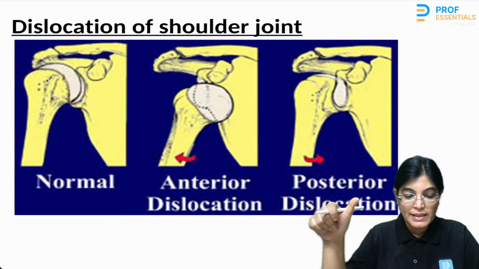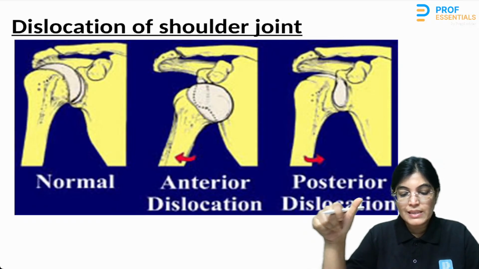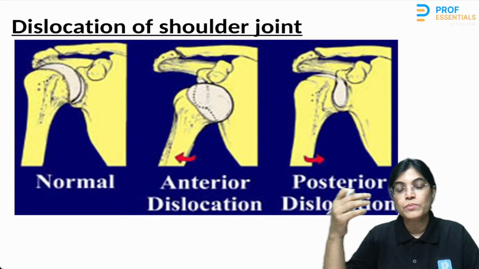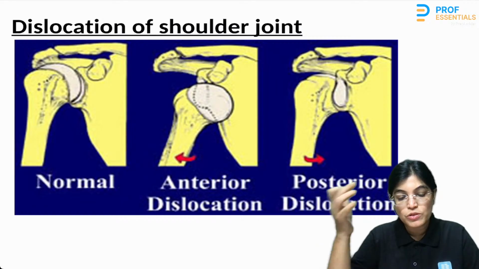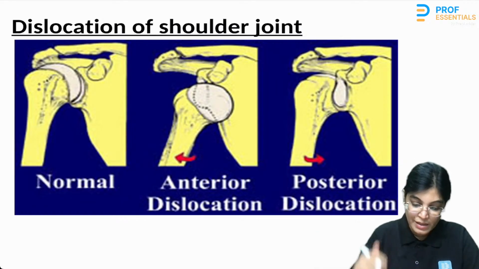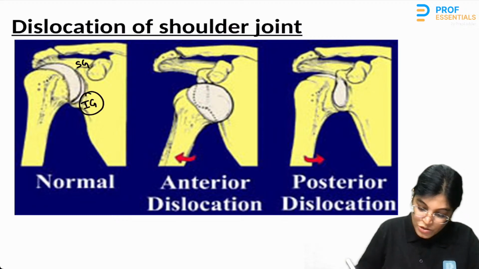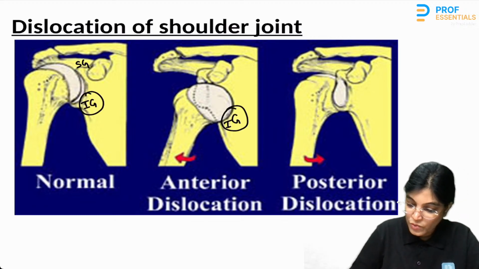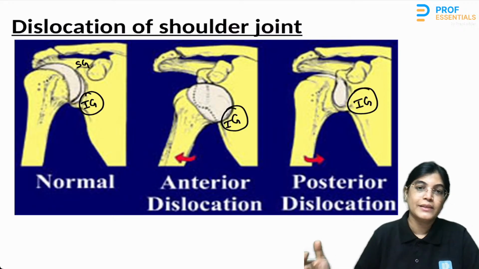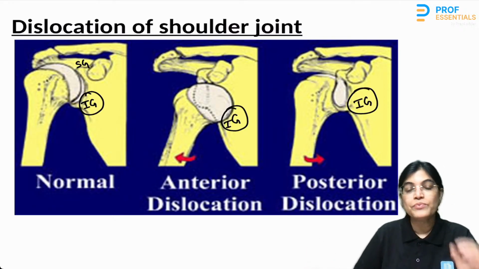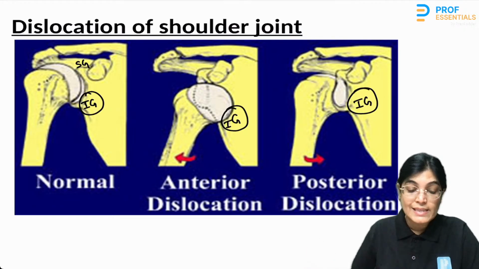So clinically, the description of anterior and posterior dislocation is in terms of whether the humerus head is descending anterior or posterior to the infraglenoid tubercle. This is the supraglenoid tubercle and this is the infraglenoid tubercle. Considering the infraglenoid tubercle, we describe it as an anterior or posterior dislocation. Inferiorly, the shoulder joint is least supported.